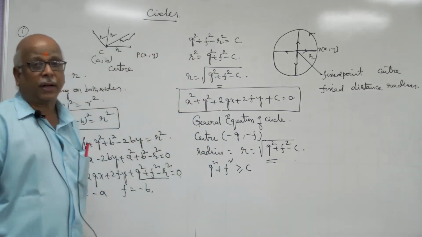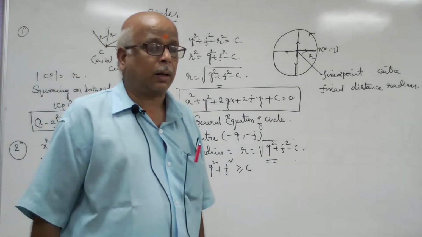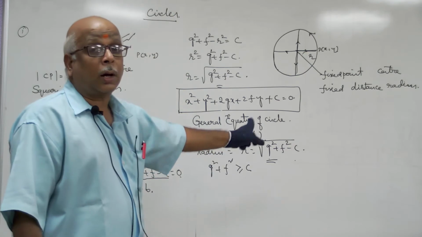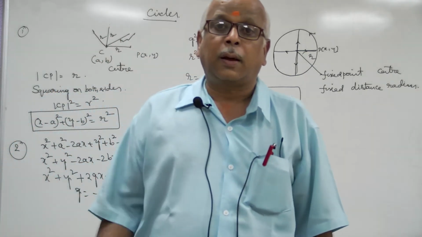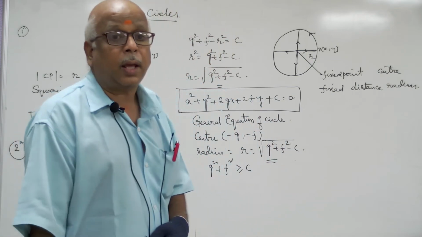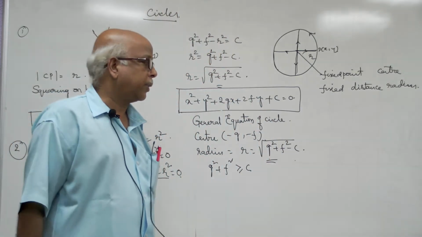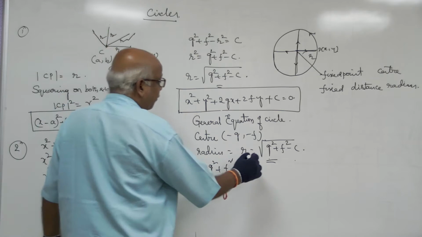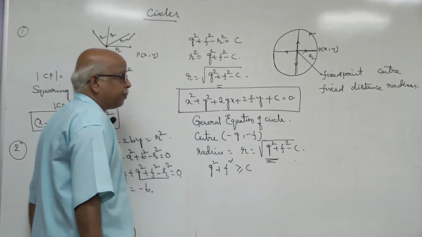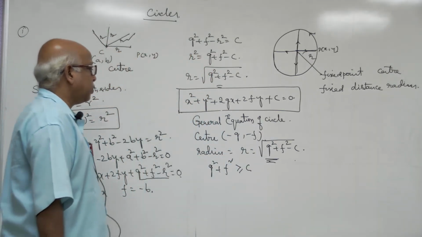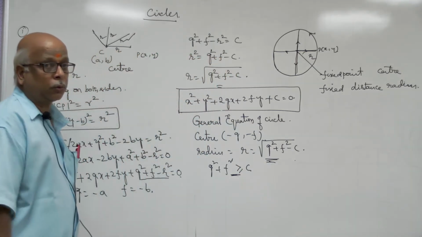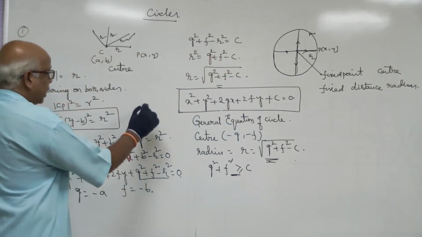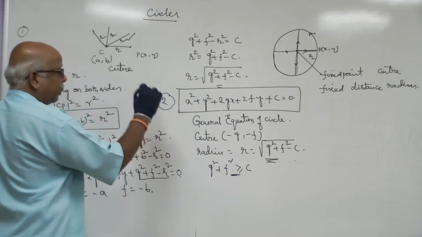In the case of negativity, the root of a negative number leads to an imaginary quantity. With an imaginary radius, there won't be any circle at all. Therefore, for the circle equation to be well defined, g square plus f square should always be greater than or equal to c.